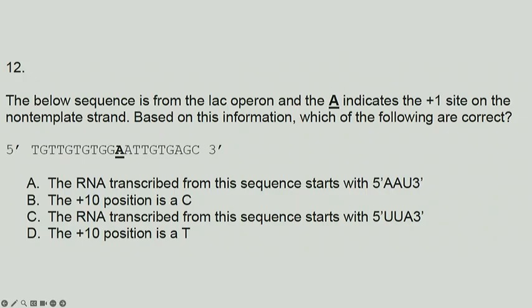So the RNA transcribed from this sequence starts with 5' A, U, right? So it starts at the +1, and it's that nucleotide plus the next one plus the next one. Any questions on that?